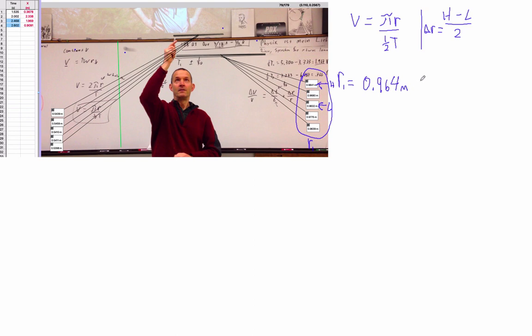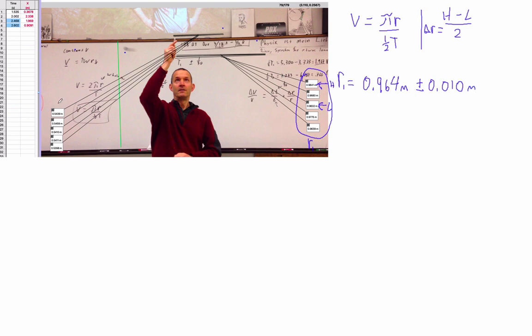And I get that it's plus or minus 0.01045. But we only need 2 digits there, right? This is the thousandths place. So that is our first radius.